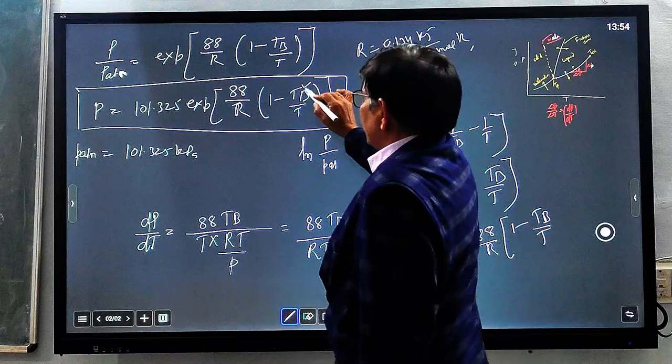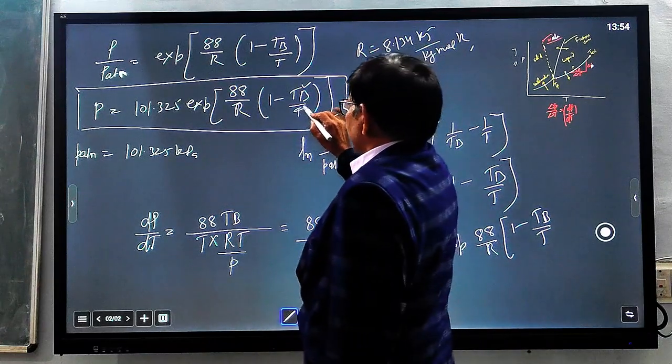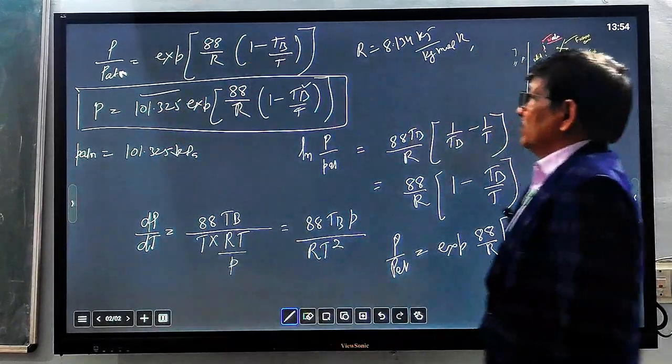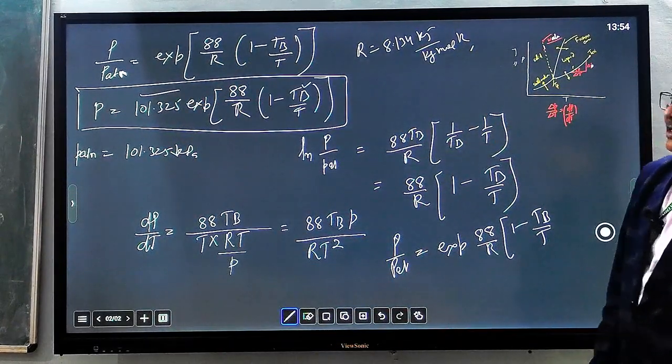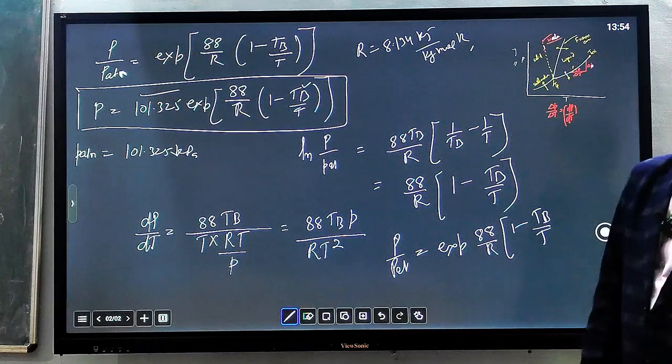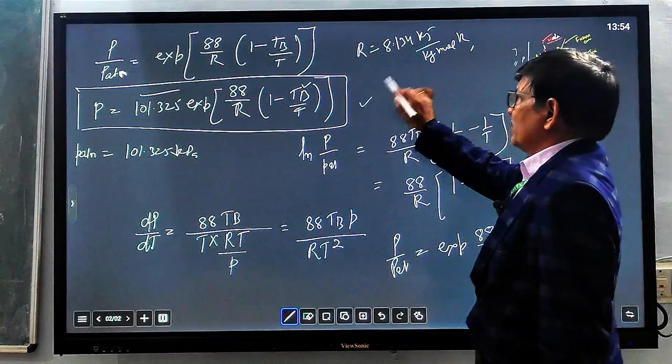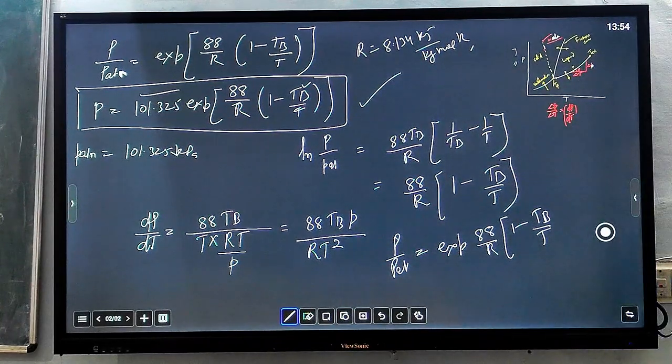So TB will be given, and T is the temperature at which we have to find out pressure. Atmospheric pressure is known, R is known, and TB is given, so by using this equation, we can find out pressure at any given temperature.